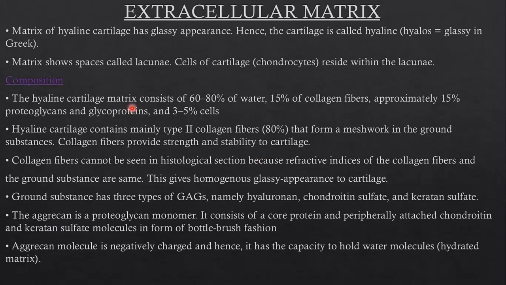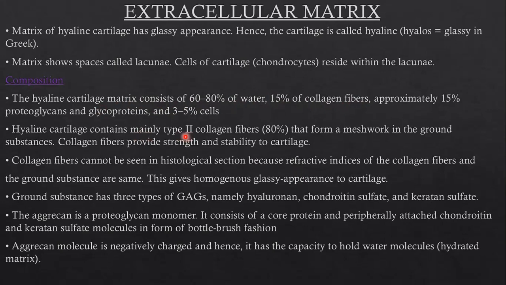The extracellular matrix consists of up to 80% water, 15% collagen fibers, approximately 15% proteoglycans and glycoproteins, and up to 5% chondrocytes.